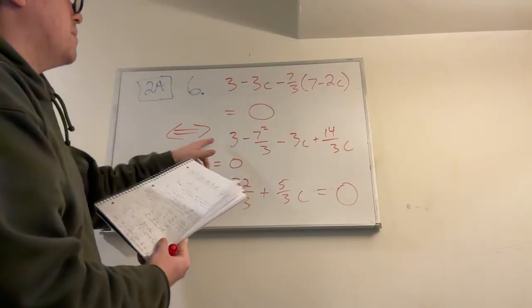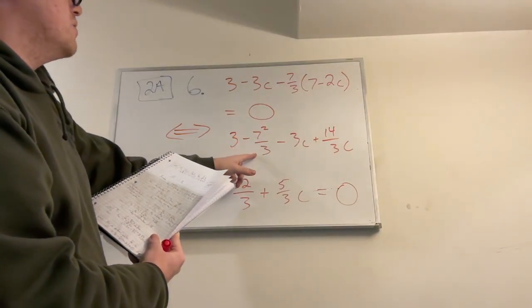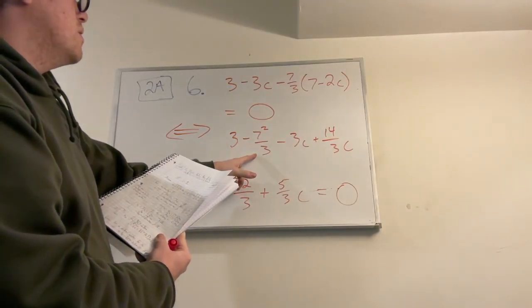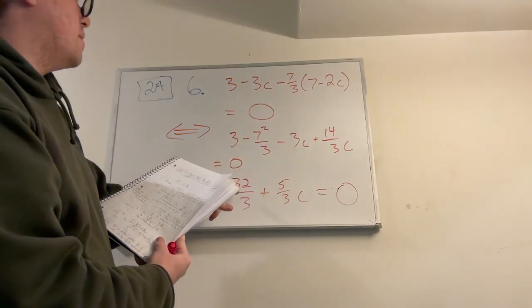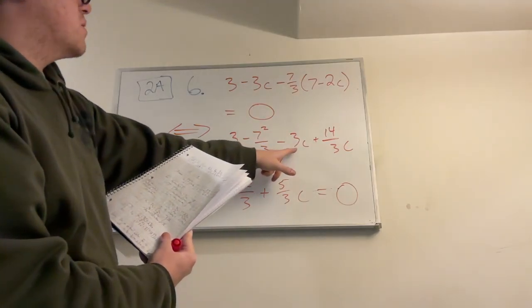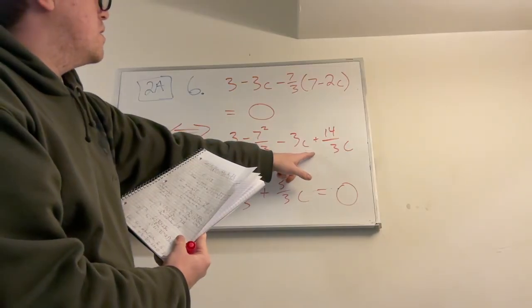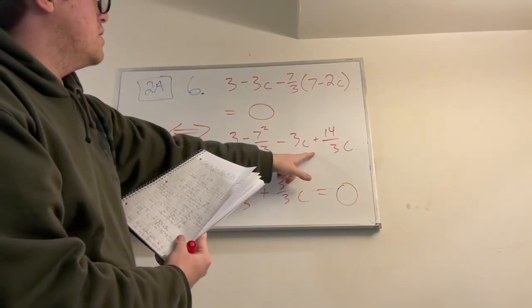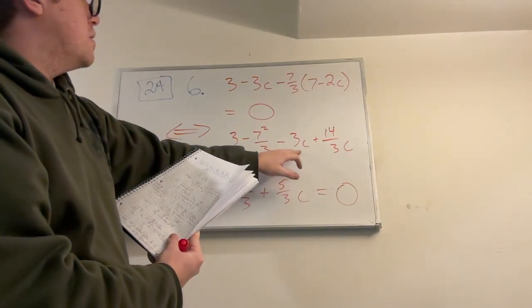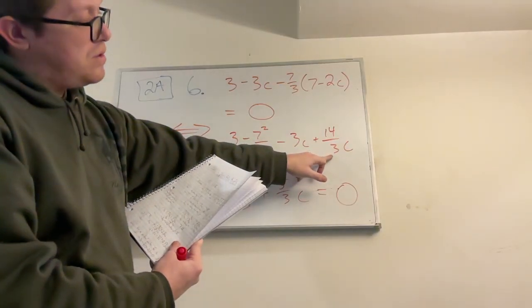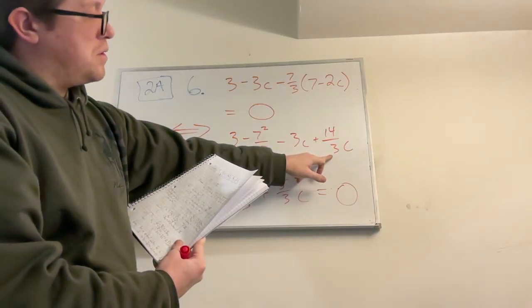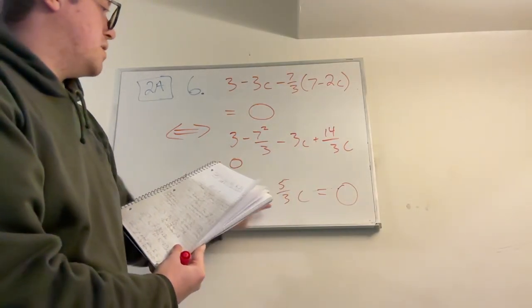Yeah, I know. 3 minus 49/3. Okay, that part I think is right. Minus 3c plus 14/3 c. Minus 3 plus 4 2/3 is 1 1/3, but the answer's not negative.